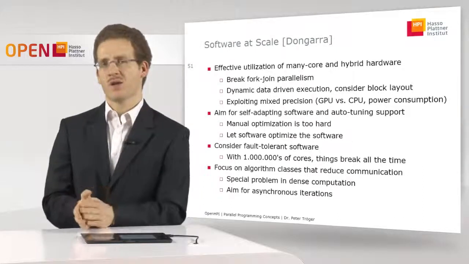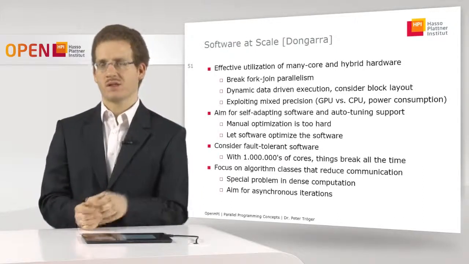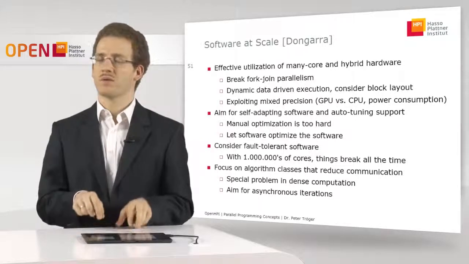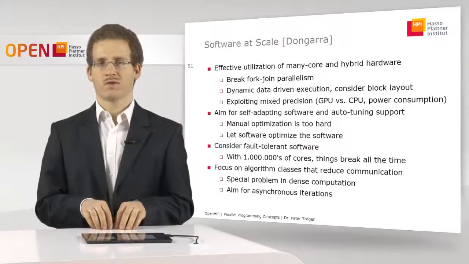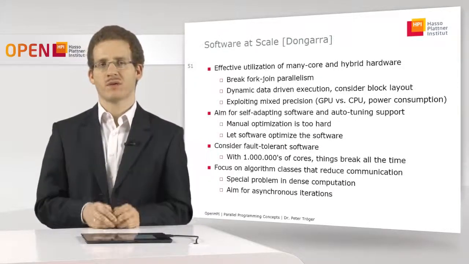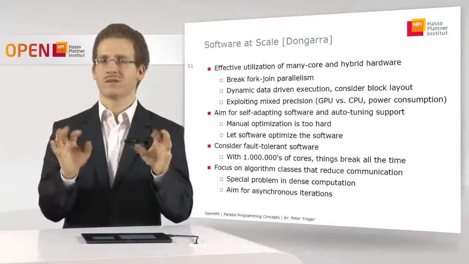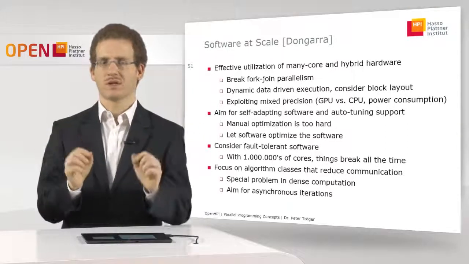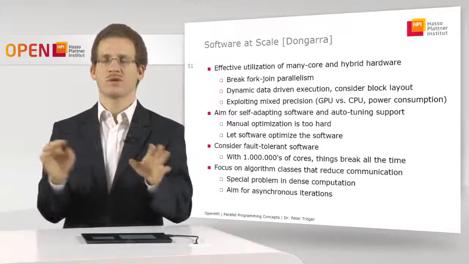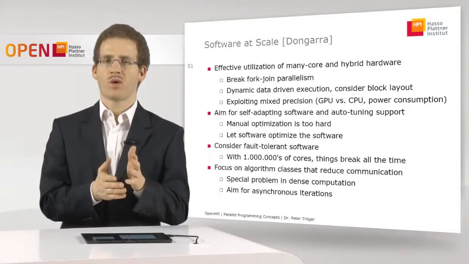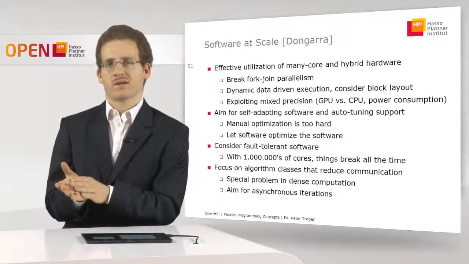When we have hybrid hardware, our processing elements are no longer the same. So the idea of a fork-join approach, where you spawn a lot of more or less similar tasks of more or less equal size and put them on the different processing elements, doesn't work if your processing elements do not act in the same way.